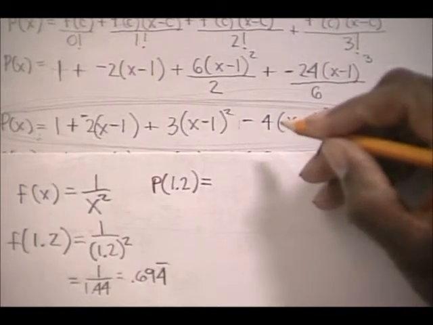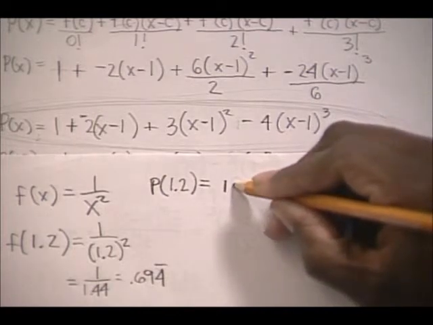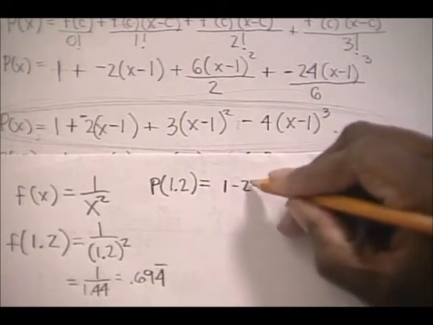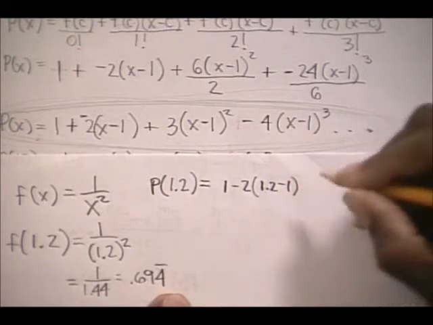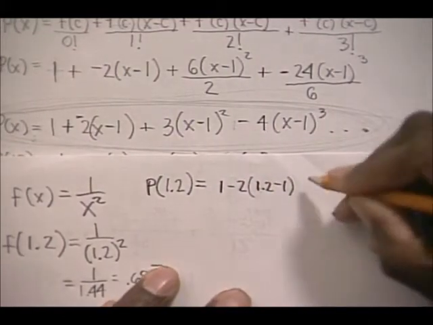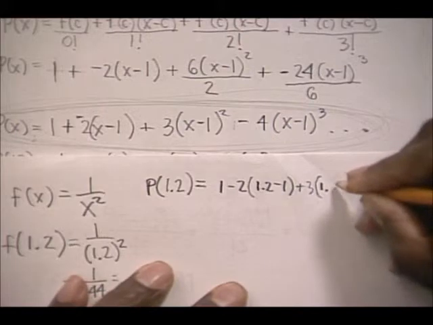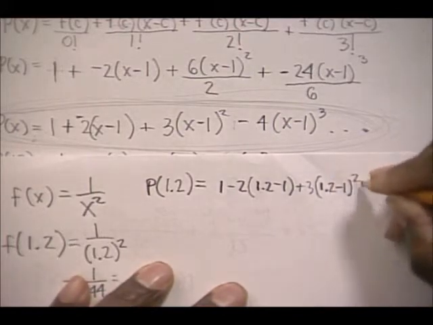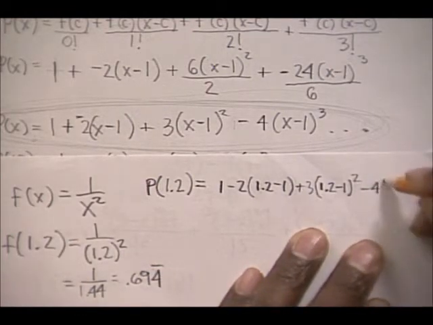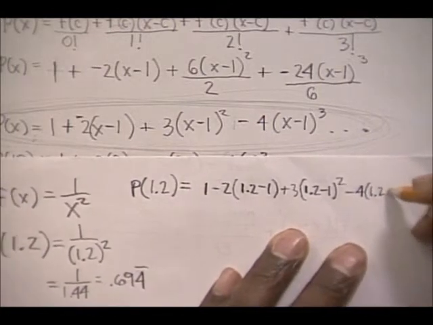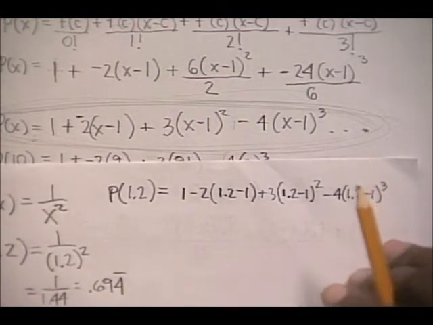So if we did that, we'd end up with 1 minus 2 times (1.2 minus 1) to the 1 power, plus 3 times (1.2 minus 1) to the 2nd power, minus 4 times (1.2 minus 1) to the 3rd power. And we want to compare this to the actual value of f of 1.2.